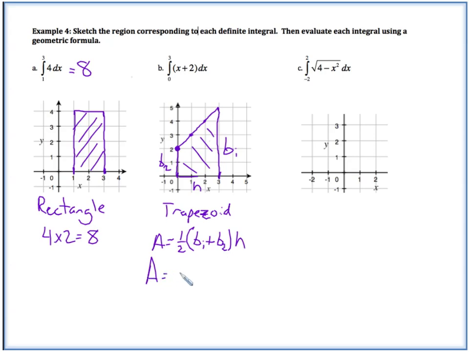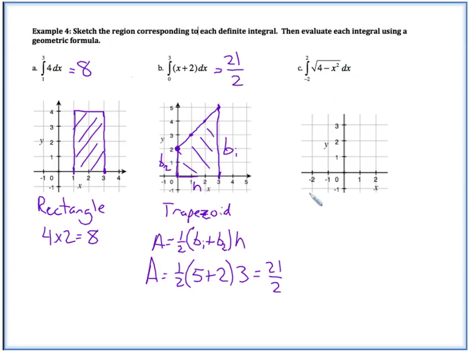So here the area is going to be 1/2 times, well, this height gives us 5, and then the other base here was 2, and then the height is the difference in the interval, which is just 3, and so this area looks like 7 times 3, 21 over 2. Okay, so the definite integral from 0 to 3 of x plus 2 dx is 21 over 2.